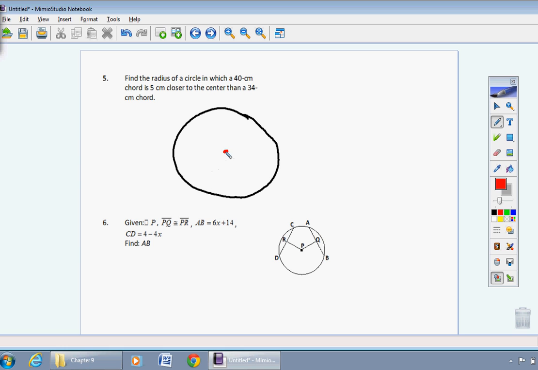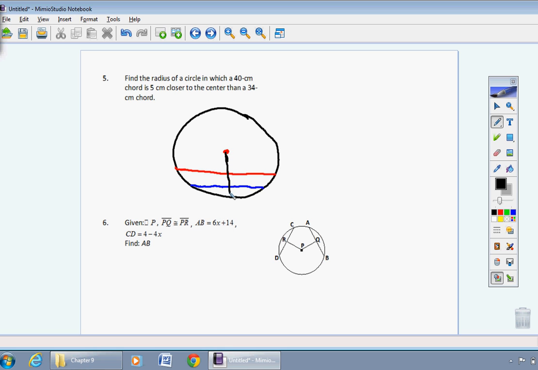So let's make this our center. Let's make this our 40 centimeter chord, and then we will make this our 34 centimeter chord. So here's what I'm going to do. I'm going to draw a radius that's perpendicular to these chords.